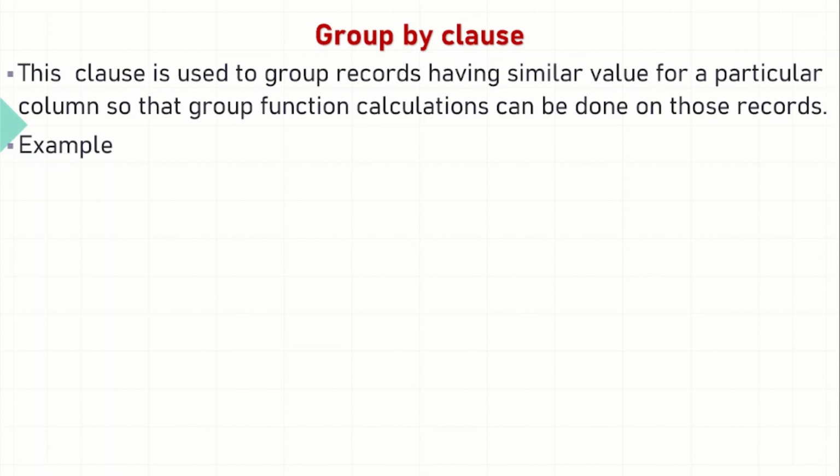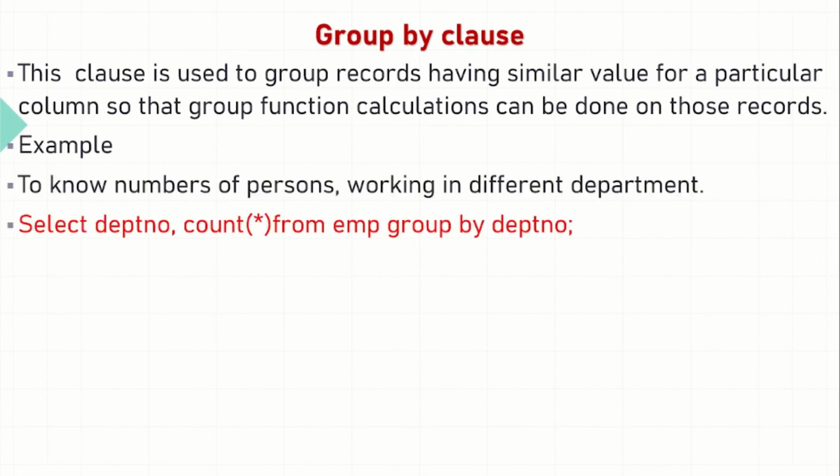So let's see some examples on this. To know the number of persons working in different departments: I'm running a company and I want to know the department-wise number of employees. The answer is very, very simple.